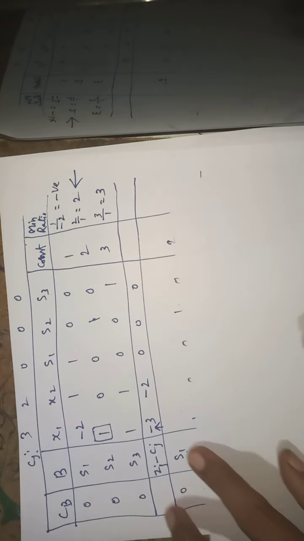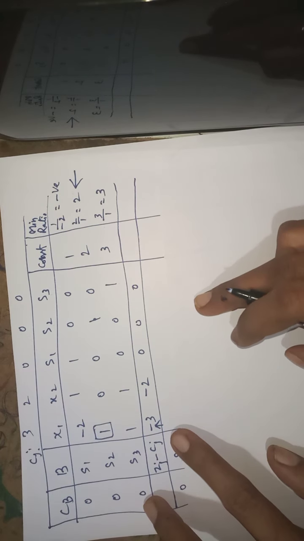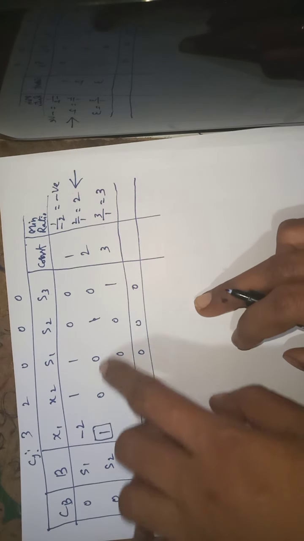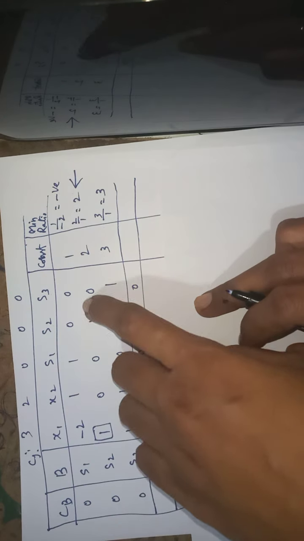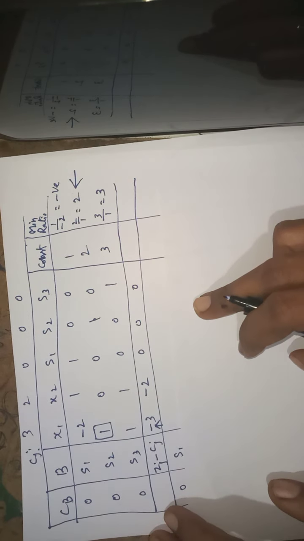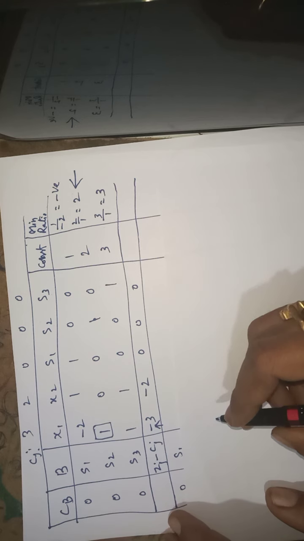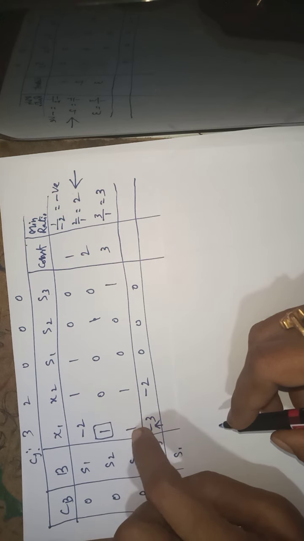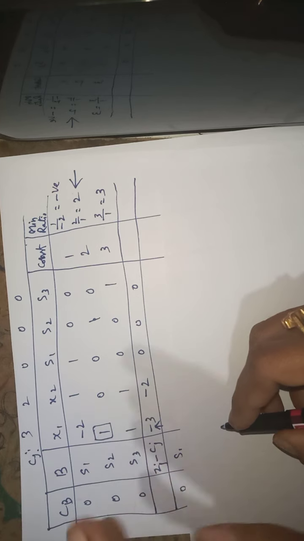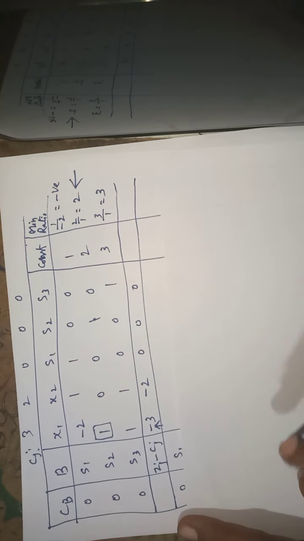Elementary row operations. While doing the elementary operations, always use the second row. With the help of this second row only you have to perform the operations. I am converting this element into 0 with the help of the second row, always remember, that is the rule.